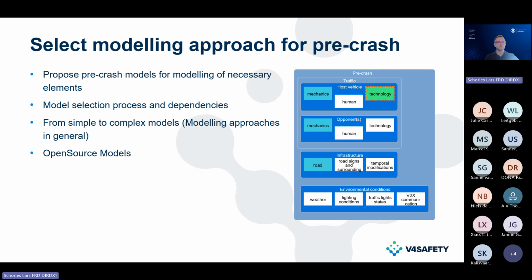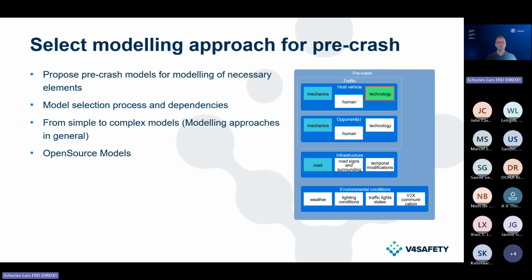We also have defined for people starting in that direction how to select models and what are also dependencies between different kind of models. The idea of going from simple to complex, quite easy to understand, but how to very generally talk about modeling approaches.